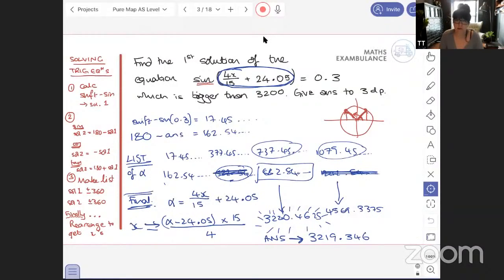It's a really important thing to learn. You would not believe how many people I mark in the exams who know exactly what they're doing, but drop all the accuracy marks because in this exact scenario they've used 2DP in their calculator.